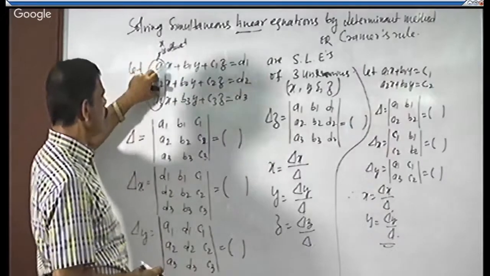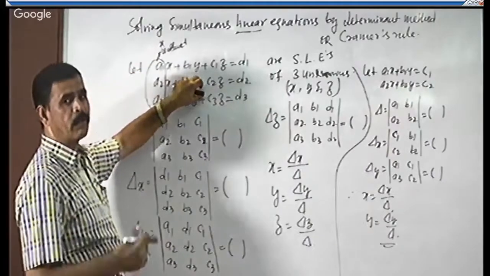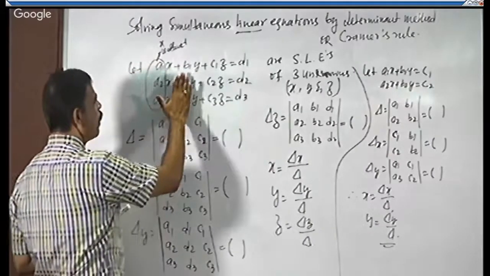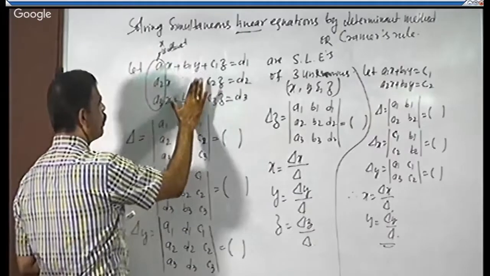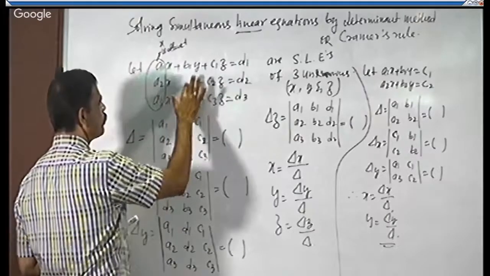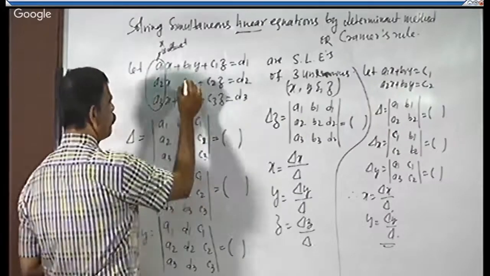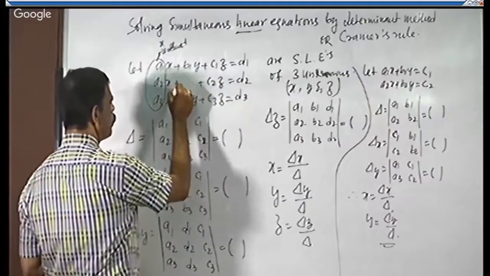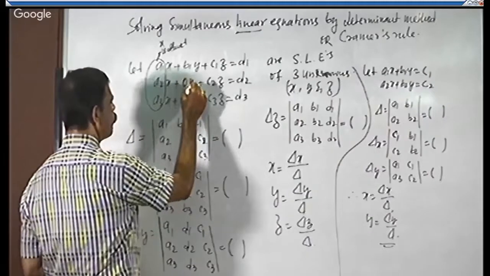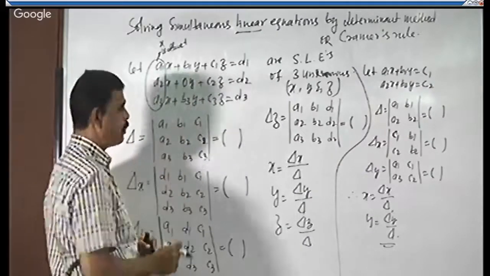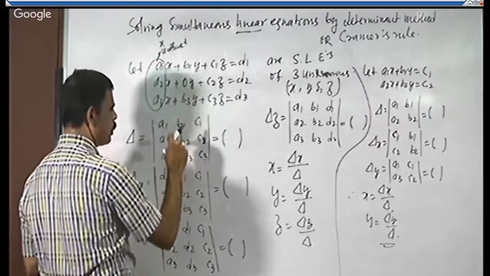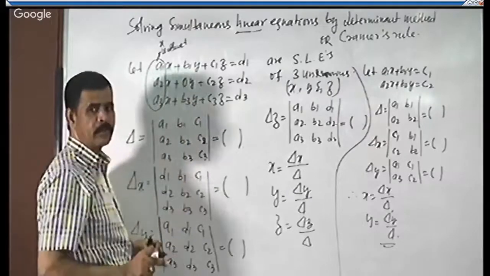Suppose in the given equation some unknown is missing. Suppose here in the second equation the second unknown is missing. What do we have to do? In that position, we have to take 0 into y. So wherever we have b2, b2 becomes 0.